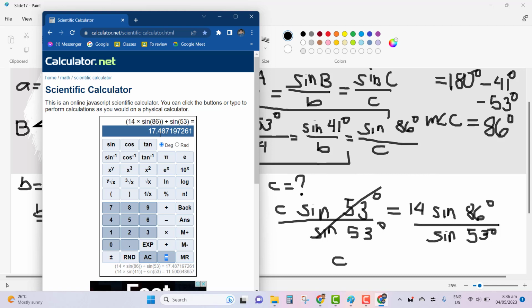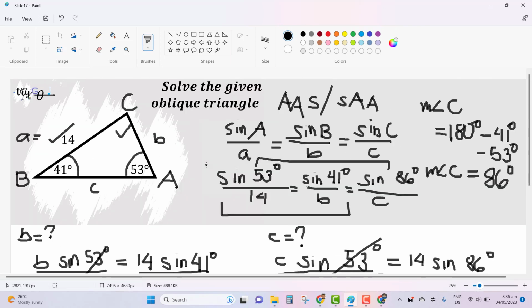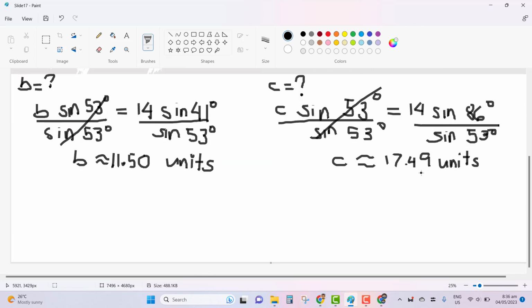Rounding it off to two decimal places, you will get 17.49, so C is approximately 17.49 units. Now we are done solving the last unknown measurement. Because our given is AAS, we solved for the remaining angle and the two side measurements.